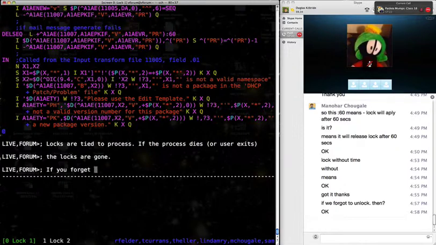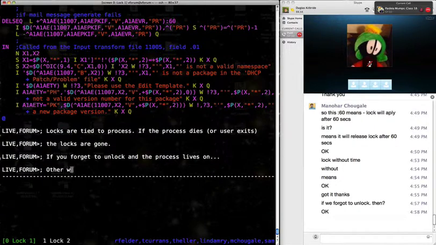If you forget to unlock and the process lives on, other users will be prevented from moving forward.